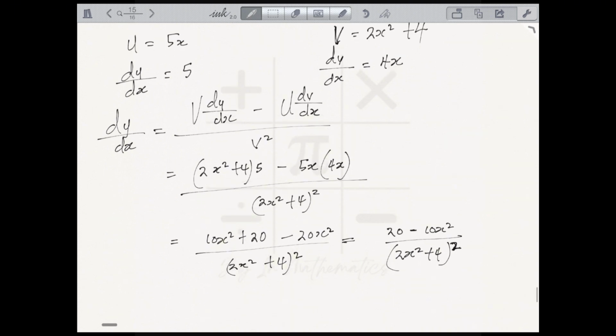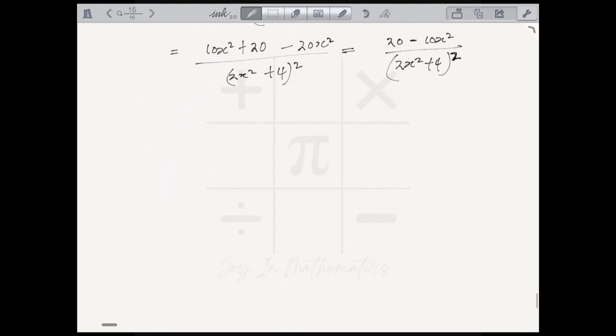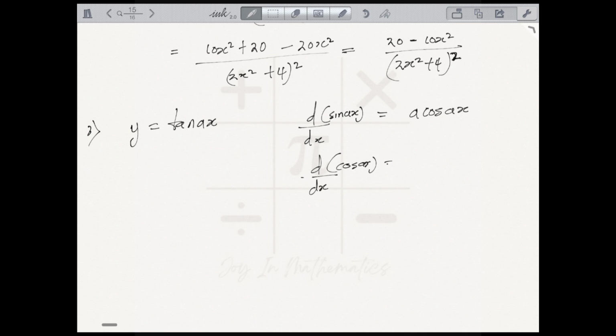Let's take another example. We are given the question: determine the differential coefficient of y is equal to tan ax. Now we remember that when we want to differentiate sine ax, we have our answer to give us a cos ax, and when we want to do the same for cos ax, we have our answer to give us minus a sine ax.